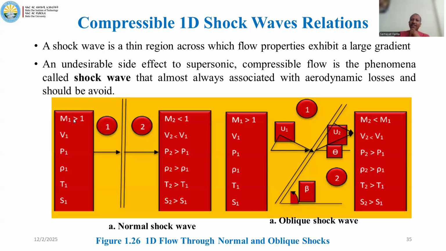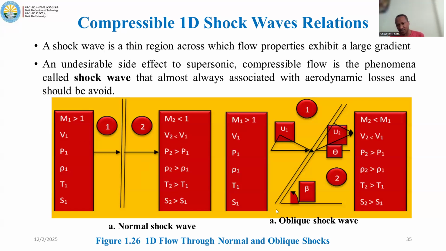Mach is greater than 1 before the formation of the shock wave. After shock wave formation, Mach is less than 1. Velocity: V2 is less than V1. Pressure. So these are just the properties after the shock wave and before the shock wave.